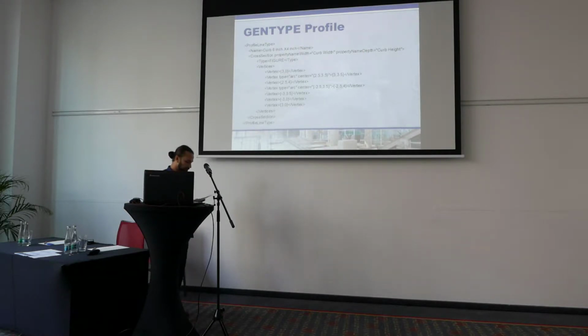A Gentype profile allows us to describe any length of object with a uniform cross-section. Let's take curve as the first example. The upper XML node defines the Gentype. Subnode name is the name of Linetype 3D. The second and most valuable tag is cross-section.